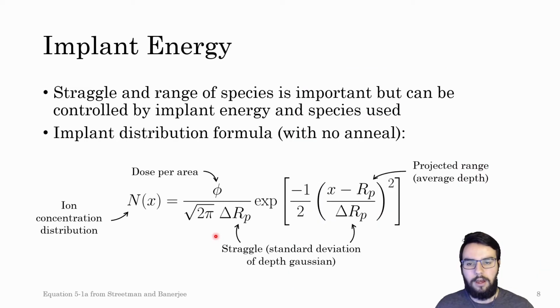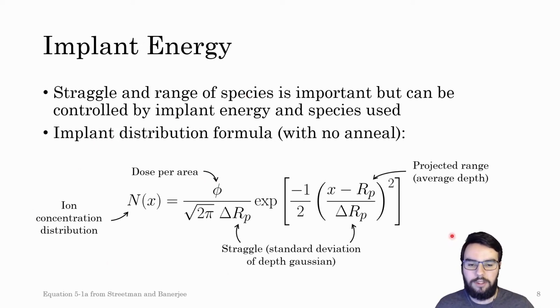Knowing that, we can start thinking about implant energy, because these things go hand in hand. The straggle and range of the species are quite important because they're controlled by the implant energy and the species used. As we remember, we want a range of 40 nanometers.